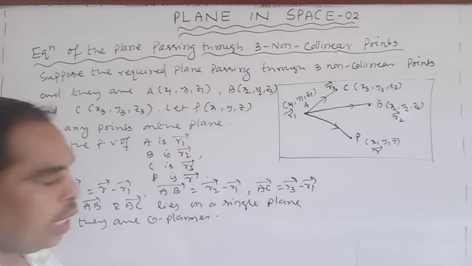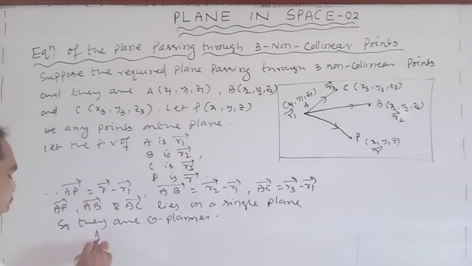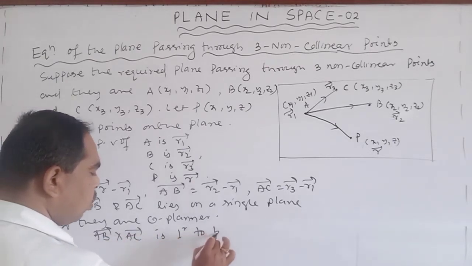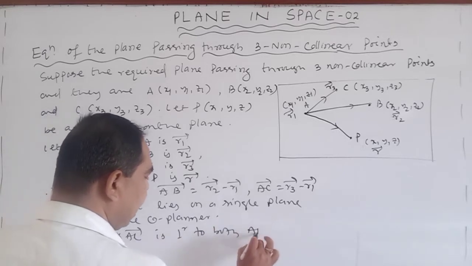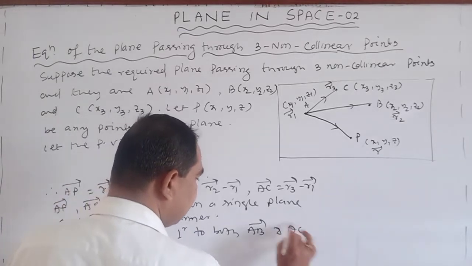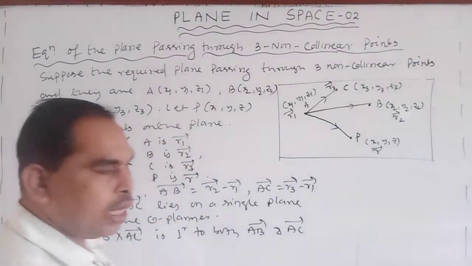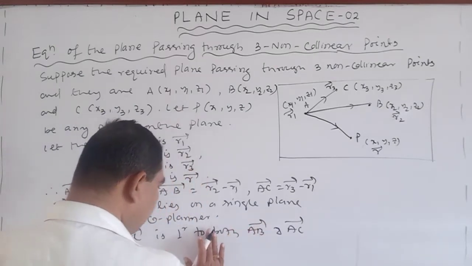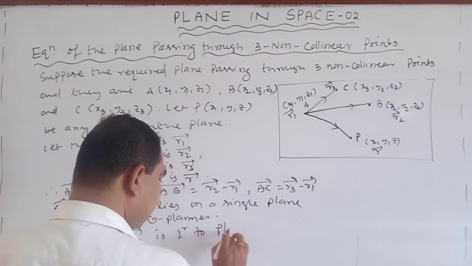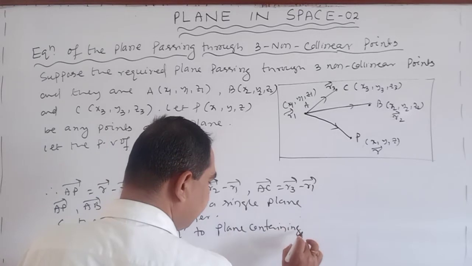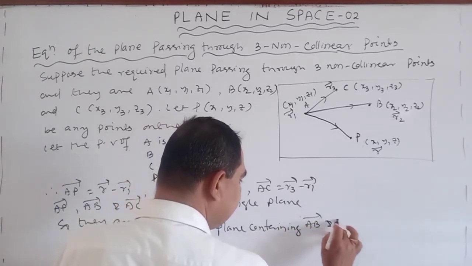Now AB vector cross AC vector is perpendicular to both AB and AC, perpendicular to the plane containing AB vector and AC vector.